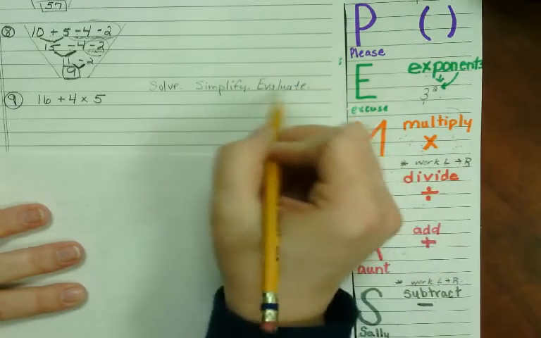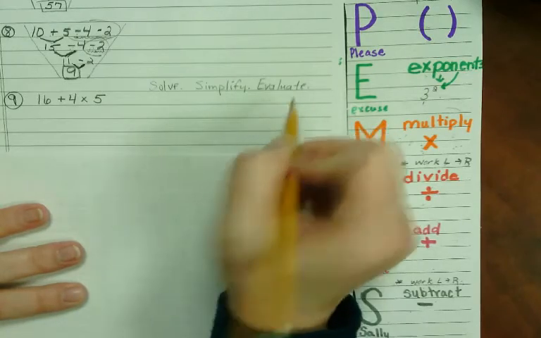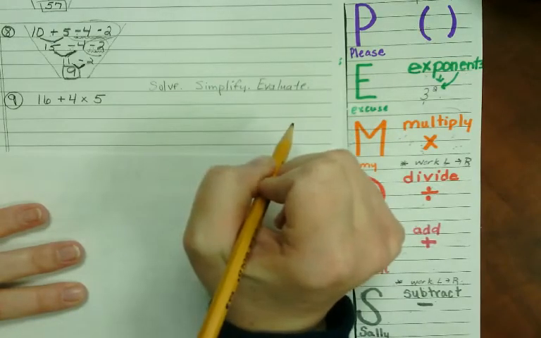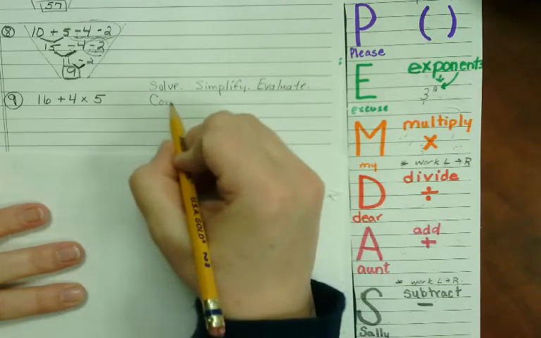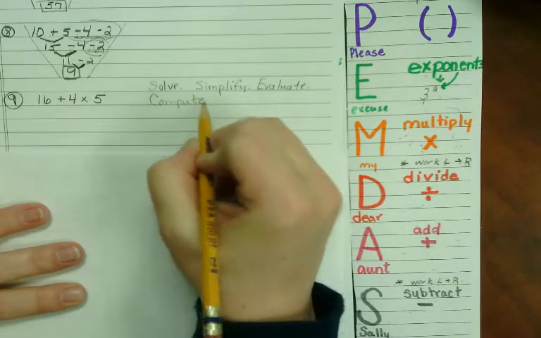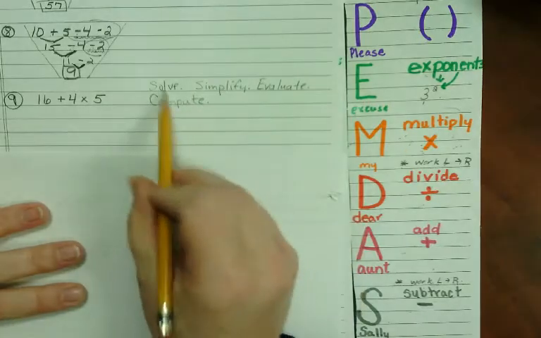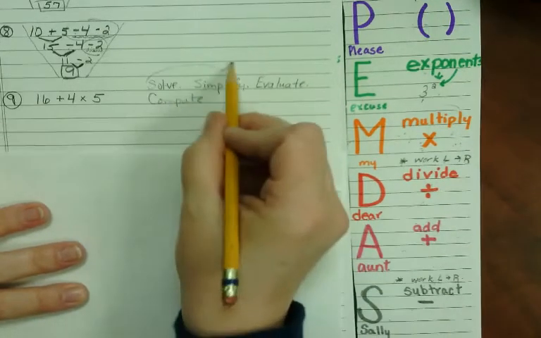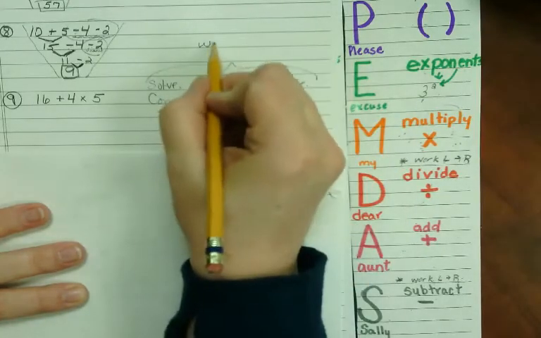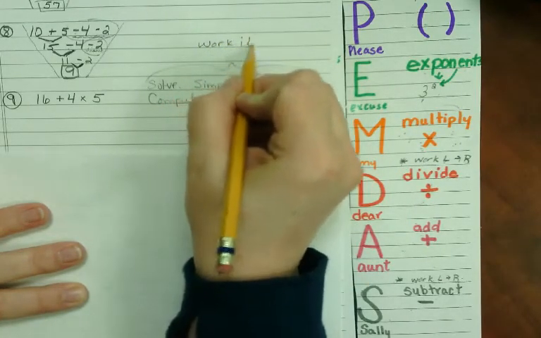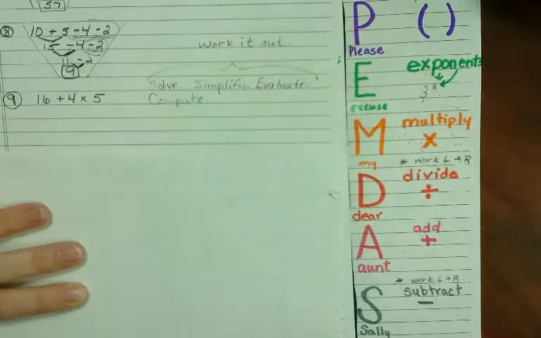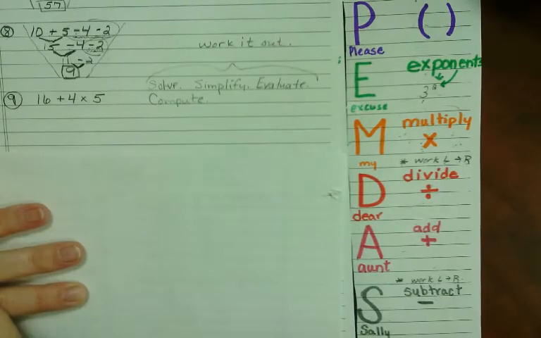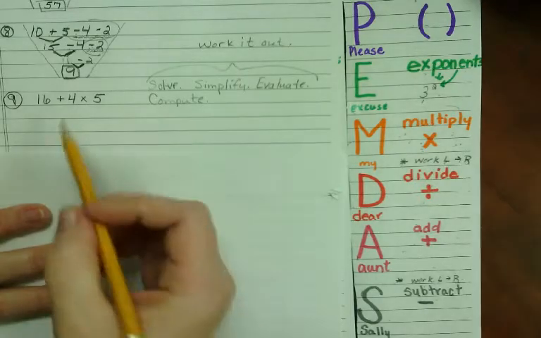I always thought when I saw the word evaluate, it was just kind of intimidating. Simplify, solve, evaluate, compute. No matter how complicated those words look, you know what they all mean to do? They all mean work it out. Just work it out.